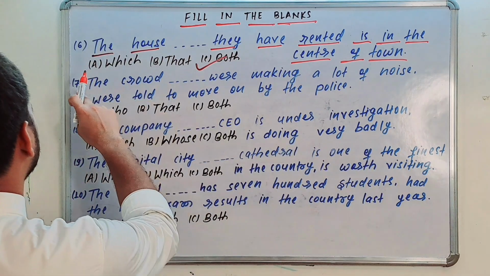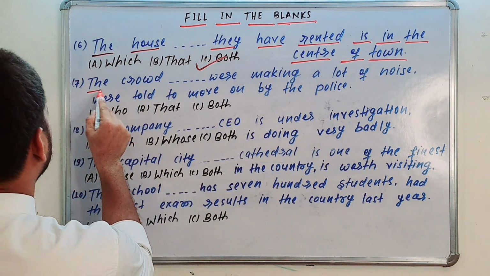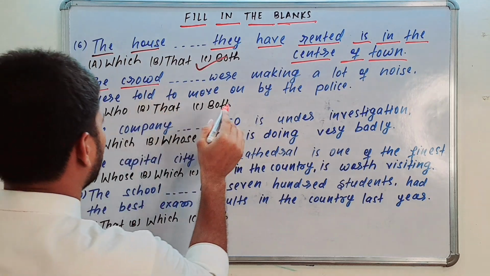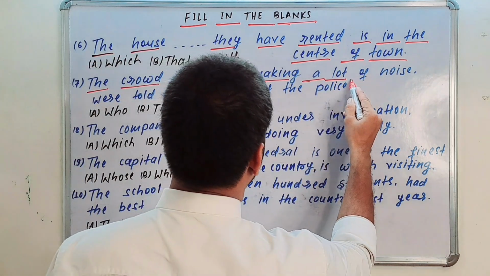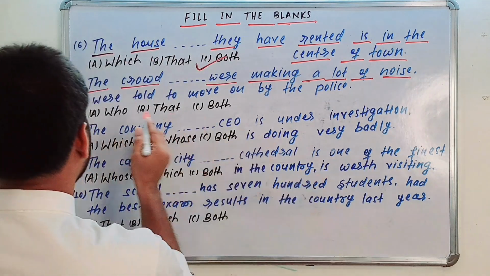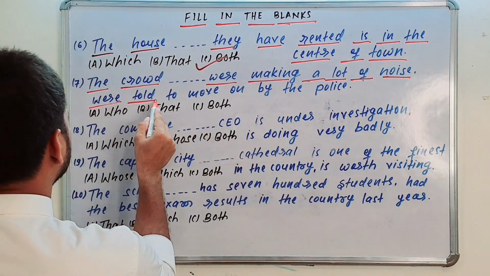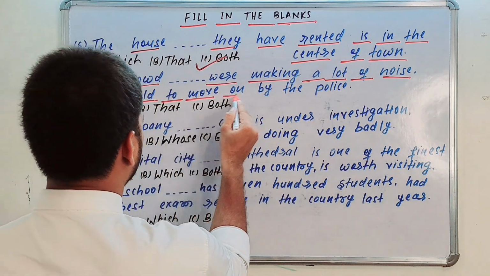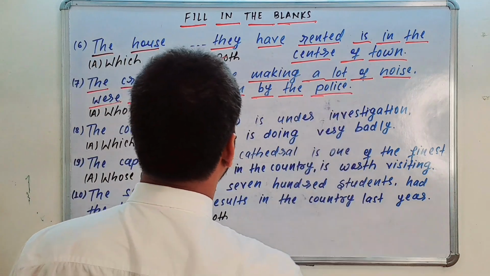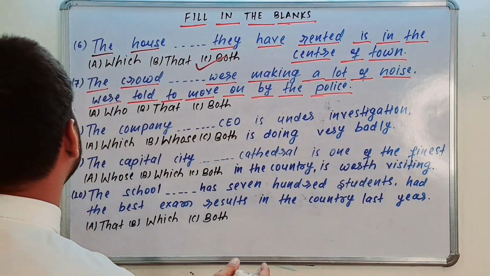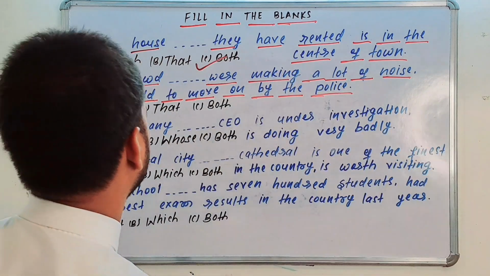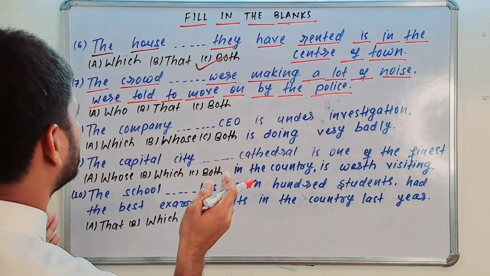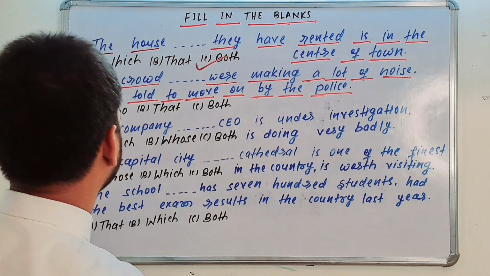Now coming to the seventh: the crowd dash were making a lot of noise, comma, were told to move on by the police. Understand the seventh question. The crowd that were making a lot of noise were told to move on by the police.